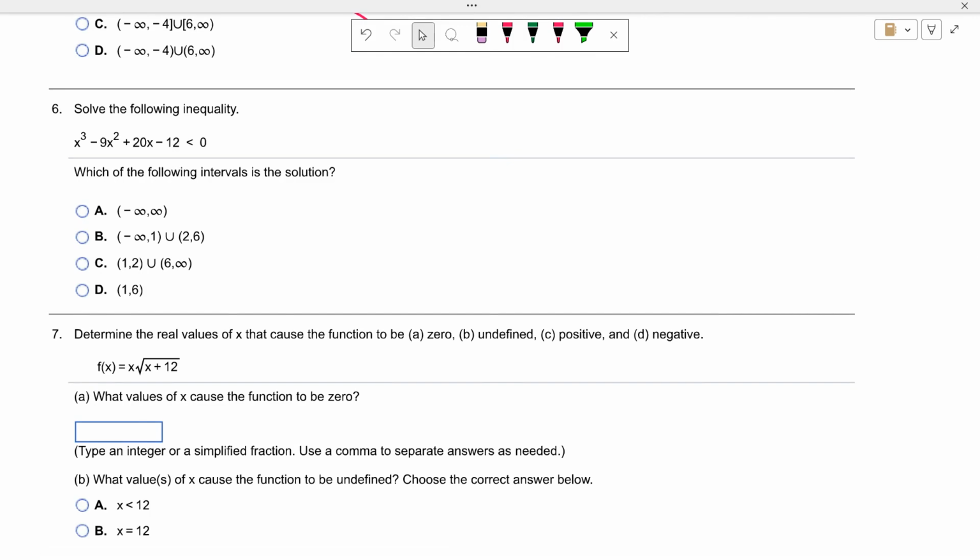Can you factor it? No, I don't think I can factor it. So if I can't factor it, what do I do? Graph it? No. It's a cubic. Can't do the quadratic equation. It has to be quadratic to do the quadratic equation. I think I'll have to do synthetic division.